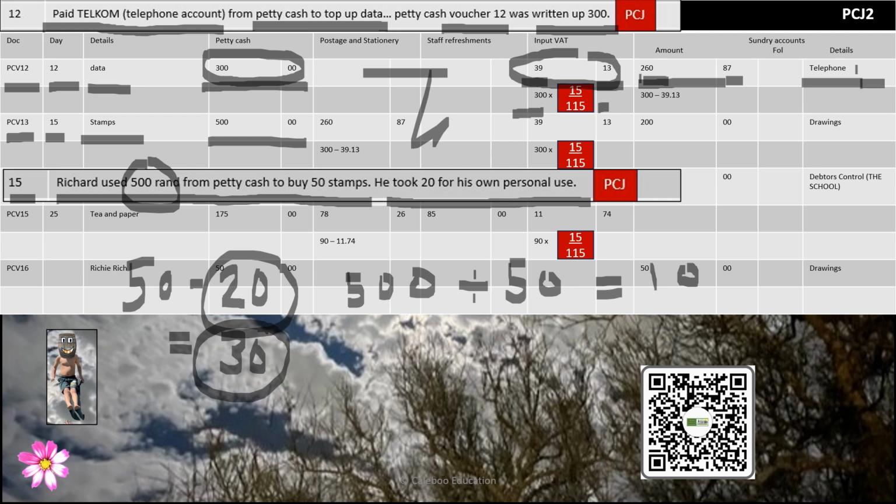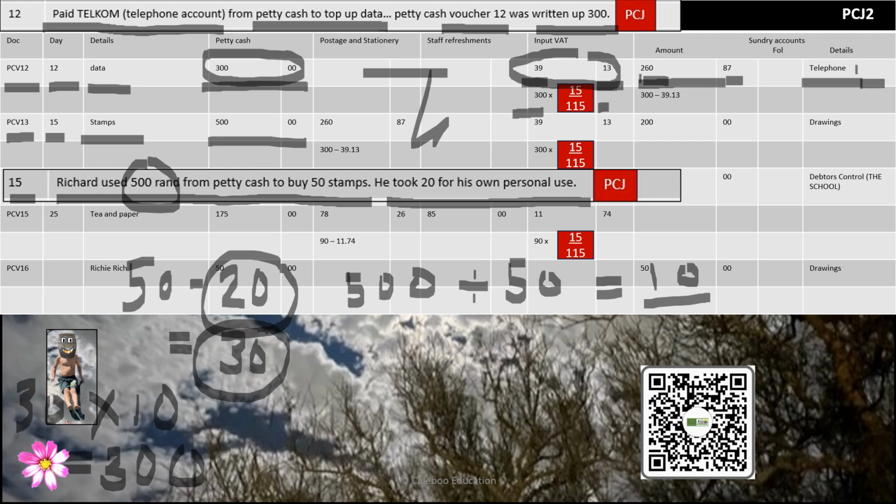Each stamp cost 10 Rand. So what was the business expense, including VAT? 30 stamps multiplied by 10 is equal to 300. If I'm working a little bit too quickly, all you do is you pause, go back a bit, and play it again.